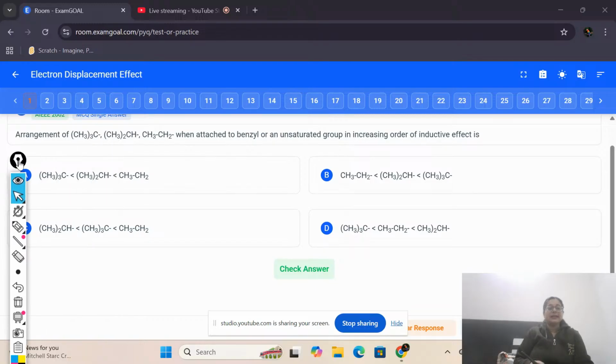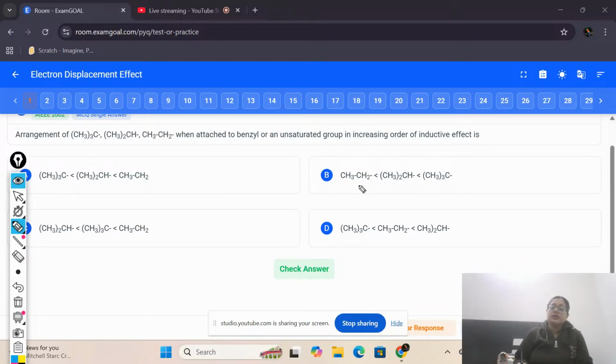It states that, let us suppose I have this tertiary alkyl group or the secondary alkyl group or the primary alkyl group attached to the benzene ring or the unsaturated group.